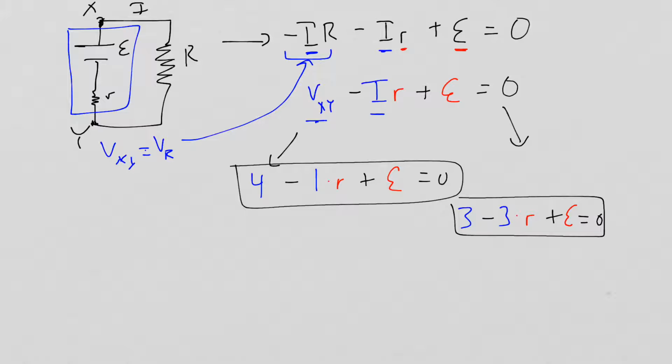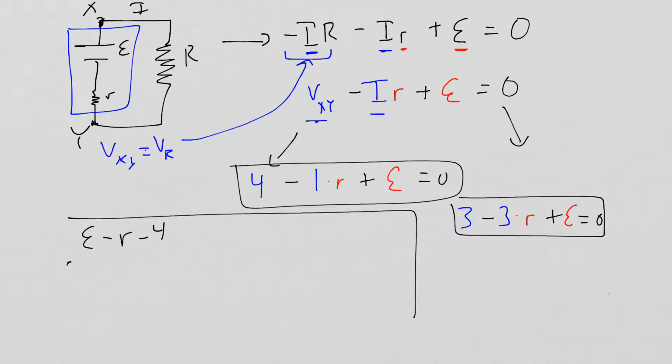If I subtract the whole other equation, epsilon minus 3r minus 3, I'm going to get 0 plus 2r minus 1 equals 0.